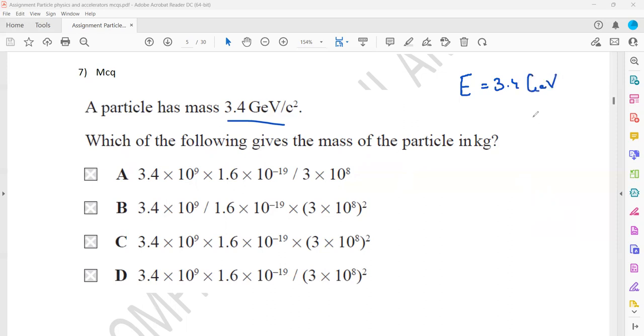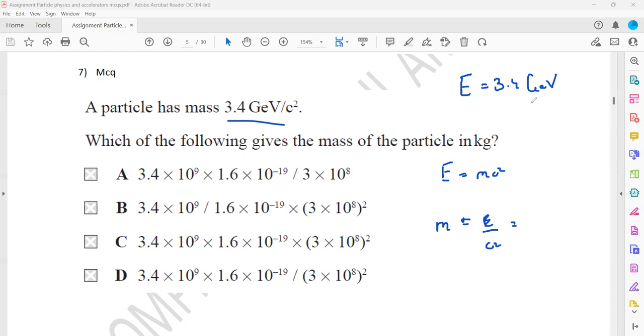First we'll convert this giga electron volt to electron volt and then from electron volt into joules, and then divide the energy by speed of light square, as we have the formula E equals mc square, so m is the mass, which equals E divided by c square.